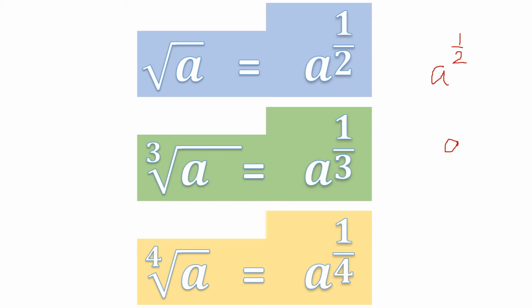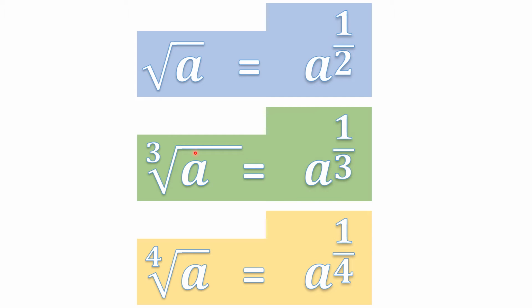If it's like that, it's wrong. This is the right way of writing it, okay? A raised to 1 by 2. So 1 by 2 should be on top, as the exponent of a, right? So we can express root a as a raised to 1 by 2, okay? This 1 by 2 signifies that a is inside a root, okay?